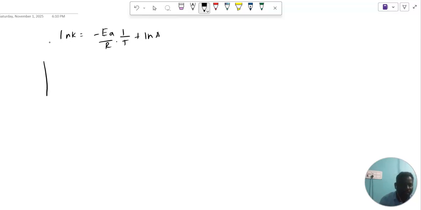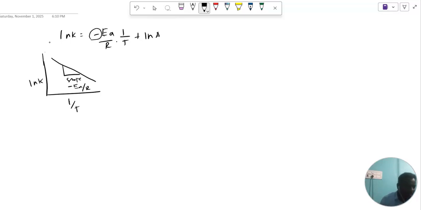If you plot a graph taking 1 by T on the x-axis and ln k on the y-axis, it represents a negative slope, and the slope value is minus Ea by R. And the intercept is ln A. C is your intercept.